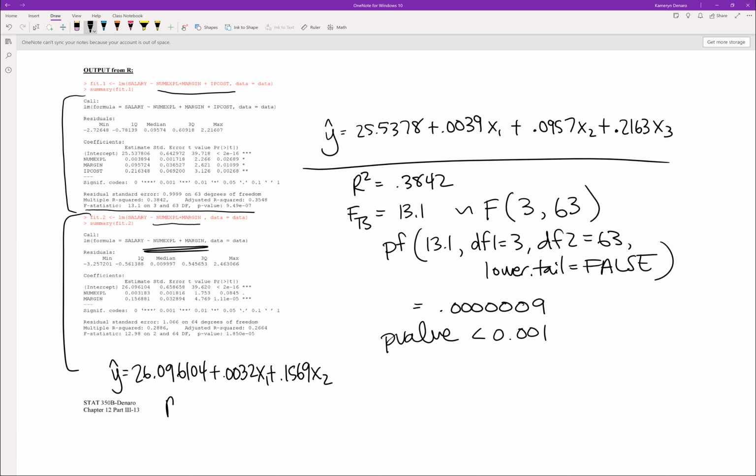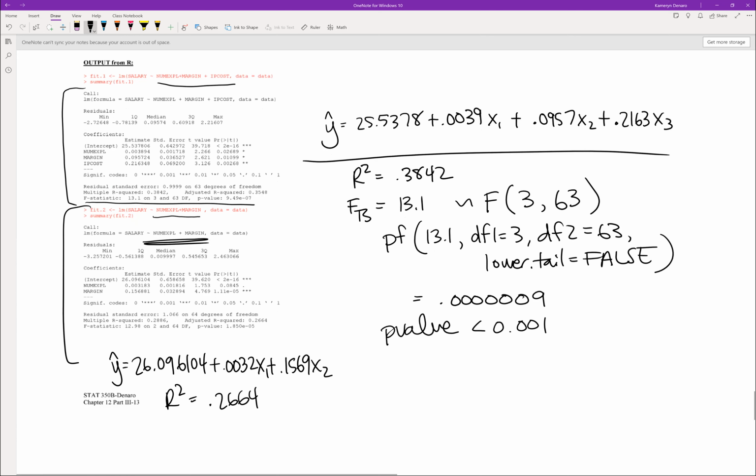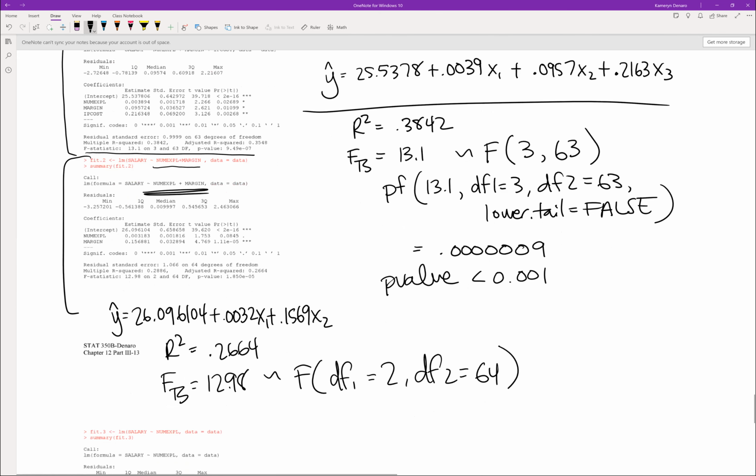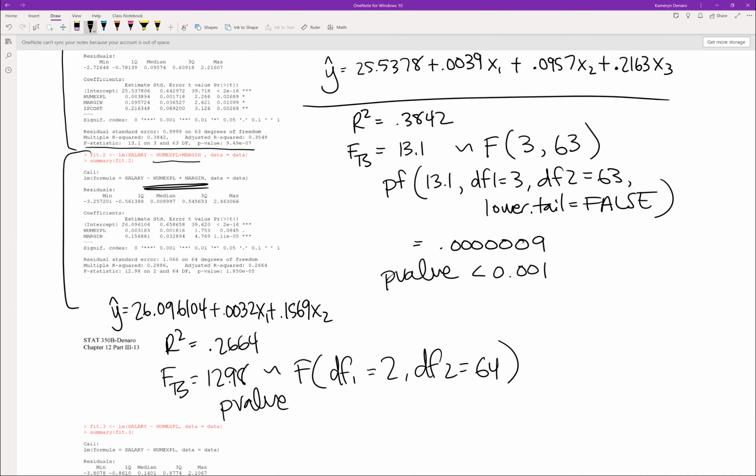In this case, our R squared value was 0.2664. 26.64% of the variation in salary can be explained by the number of employees and the profit margin. If we wanted to do the overall F test, our F test statistic would be 12.98. And we compare that to an F distribution where the degrees of freedom 1 was equal to 2, and the degrees of freedom 2 was equal to 64. In this case, the associated p-value would also be very small.